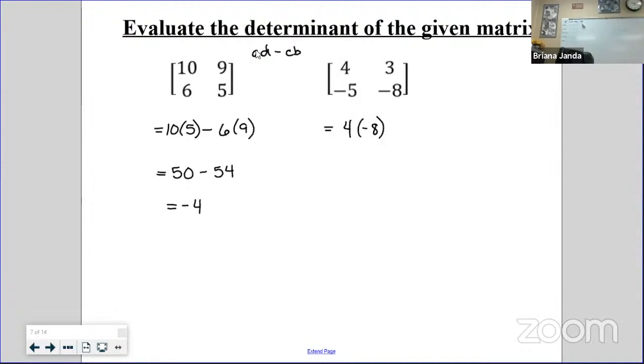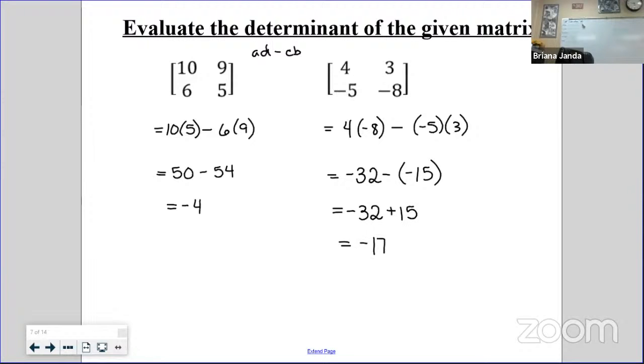Be careful with your positives and negatives on this because it is first diagonal minus, and then the second diagonal has a negative in it also, so just be cautious with your positives and negatives in that, okay? Minus a negative 15 would be plus 15. Check my mental math on that, negative 17.